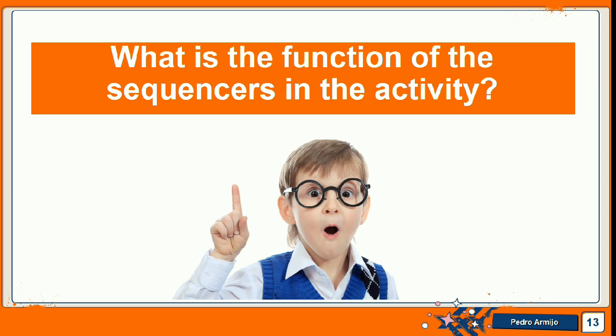Tell me, guys, what's this function? Okay, guys, very good. The function of the sequencers in the activities is to give us a sequence and to make it easier to read the instructions, to make easier the steps that we have to follow. Okay, very good, guys. You learned today how to use sequencers and also what the function of the sequencers is.